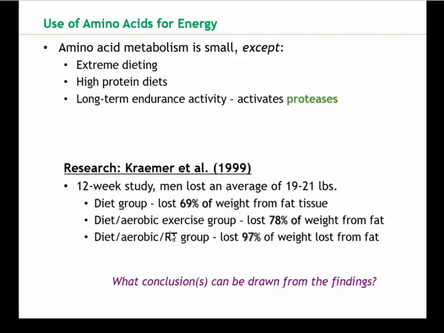If you don't add that component, some of the weight you lose is going to be from your muscle tissue, which we see was 20 to 30% for these other two groups. So that's really all this showed. But that's the end of part 2. I know this was a little bit longer video, so let's move on to part 3.